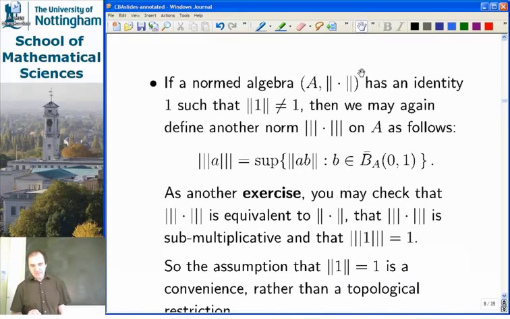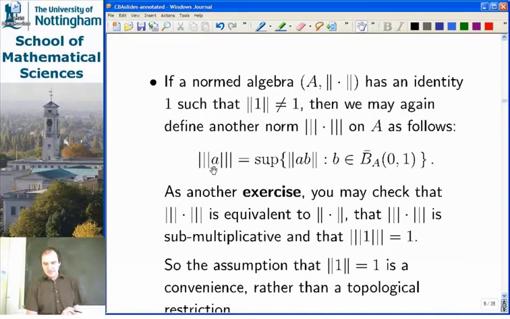This is a slightly harder exercise, but I've given you the solution. If you're a normed algebra, so you have submultiplicative multiplication, and the norm of 1 is wrong, then it turns out that it has to be strictly greater than 1, but you can fix it by renorming with this triple norm here, and that triple norm turns out to be equivalent to the original norm, and it's actually submultiplicative, and the triple norm of 1 is 1.